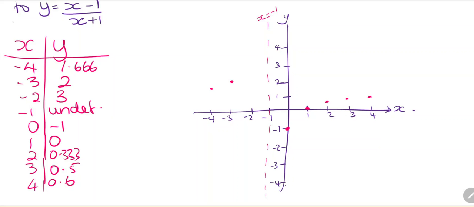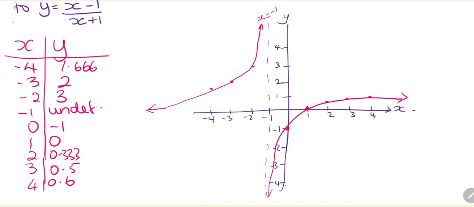So we're going to have our graph doing something like this. And then we have -2 and 3. Again, it's going to do something like this.